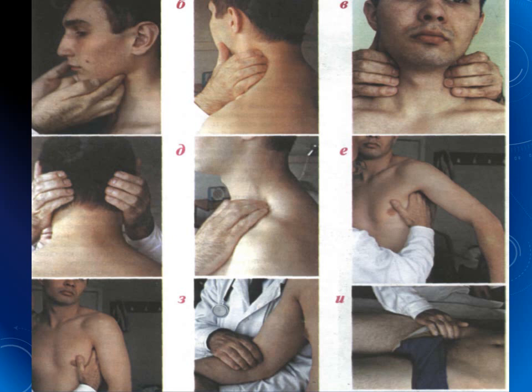To palpate, physicians use the pads of four fingertips because they are the sensitive parts of the hands, and examine both sides at the same time, or symmetrically. The major groups of lymph nodes and the order of the examination are shown in this picture.